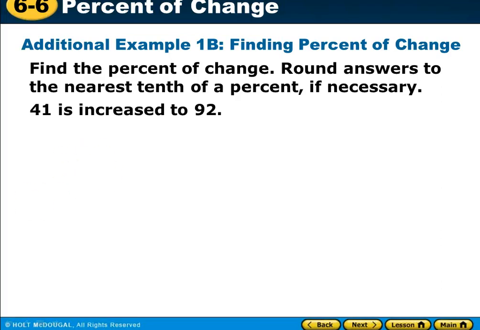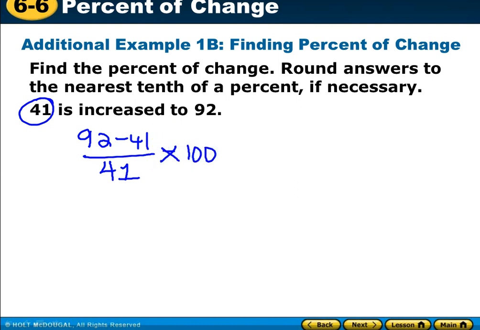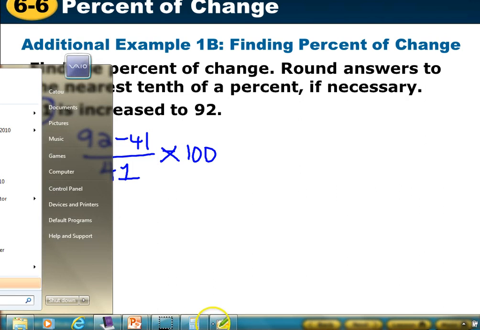Alright, welcome back. So here is the answer. This one here was an increase. 41 is increased to 92. So we just want to do 92 minus 41. Again, we want to keep the same rule for subtraction, big number first. But this time our original amount is 41. So I want to divide it by the original amount and then multiply that by 100. Alright, let's bring out the calculator again.